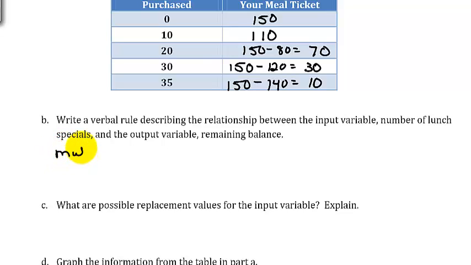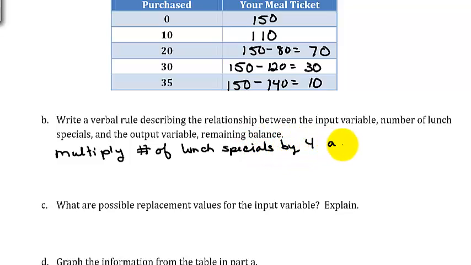So multiply the number of lunch specials by 4, and we're going to subtract it from 150.